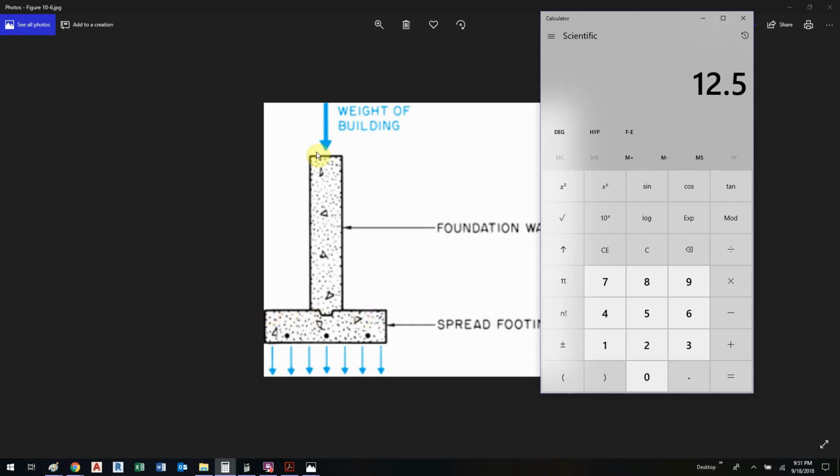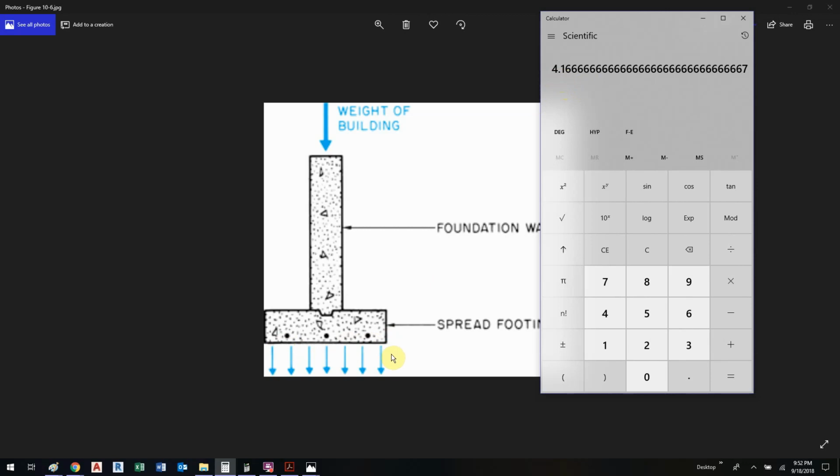Okay, so we're taking 100 pounds that we had here, which was a PSI of 12.5, and we're going to say 100 divided by, remember what we said here, 24. Look at that, 4.1666667. Now, what does that mean? That means that we have pulled down the PSI here so that our building doesn't sink.